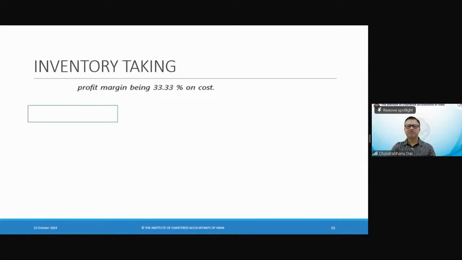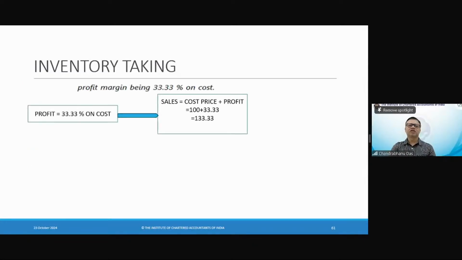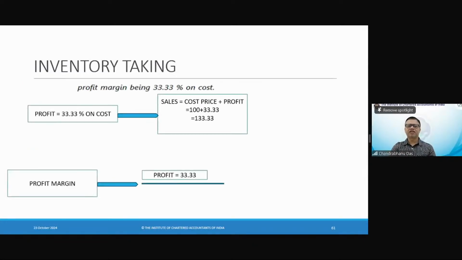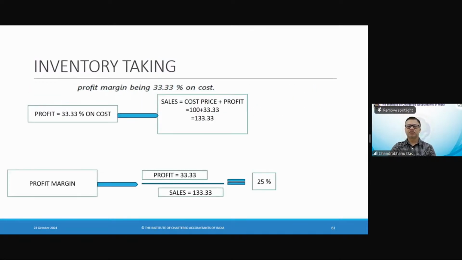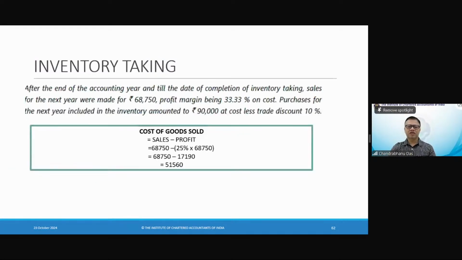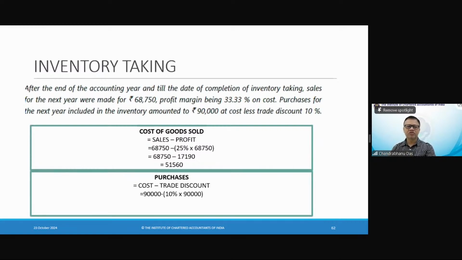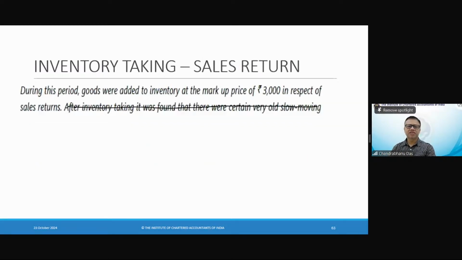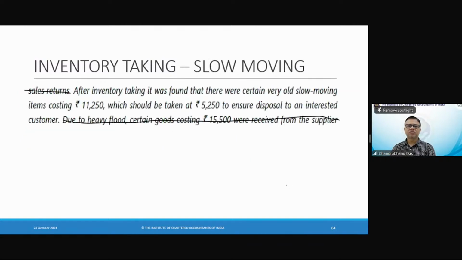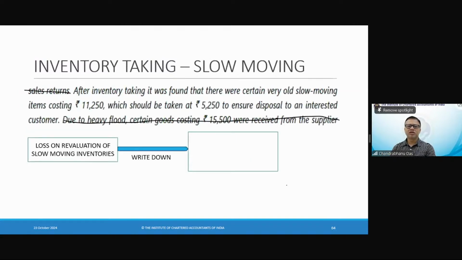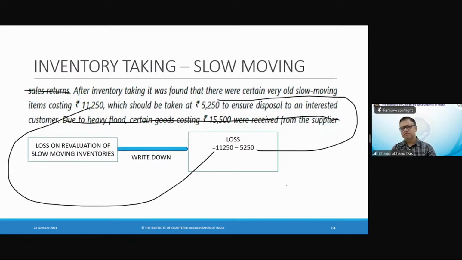We have taken some inventory figures. We find out the profit margin, how to find the profit margin on sales. We have calculated the cost of goods sold and purchases, and taken all of these to find the loss on revaluation of slow-moving inventory.